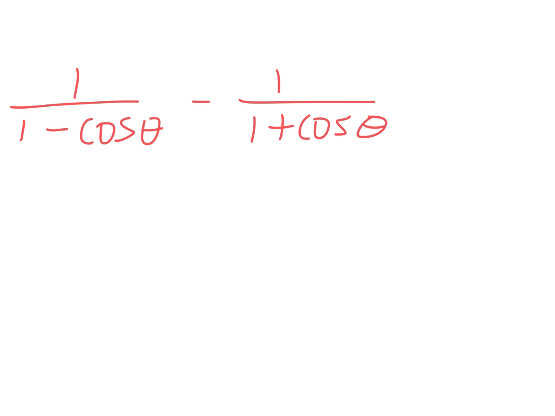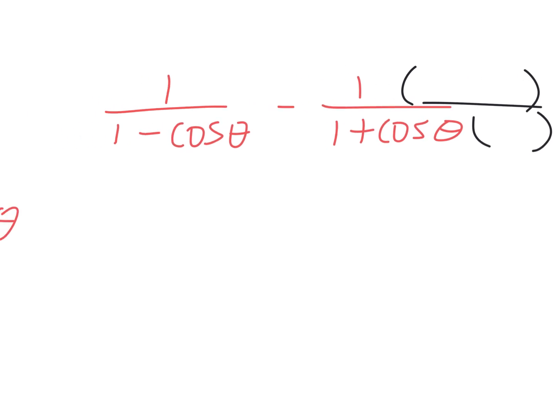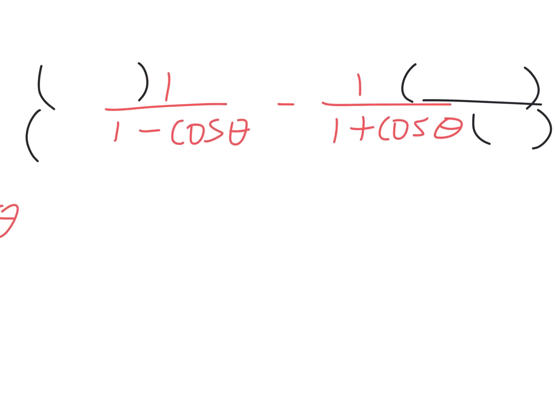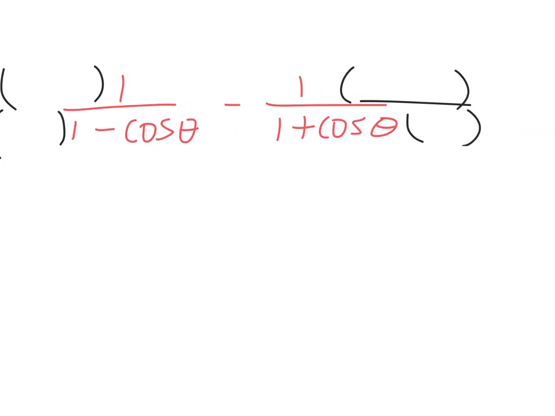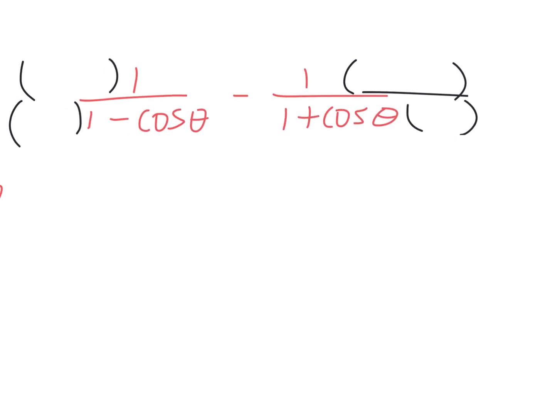Same as last time, I'm going to give you the strong hint that you should get a common denominator by multiplying by the other denominator. This is algebra. You are in precalc. You can do this. Don't forget that this minus 1 here has to get distributed to both parts of that parentheses.